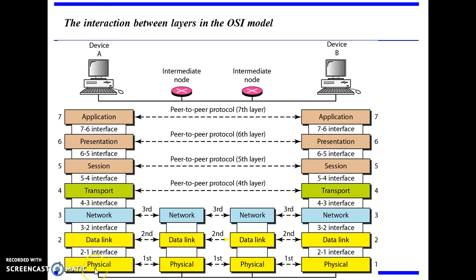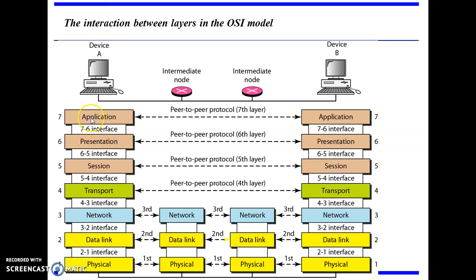So the actual physical communication starts from the physical layer to the data link layer to the network layer to the transport layer to the session layer to the presentation layer and the application layer. That means if device A wants to communicate with device B, first of all the information will be in the layer called application, which is transmitted to presentation. Here you observe there are to and from interfaces.